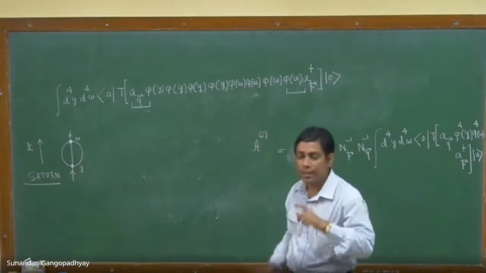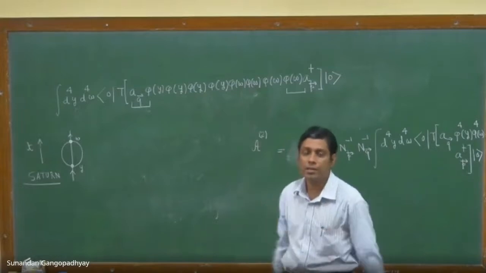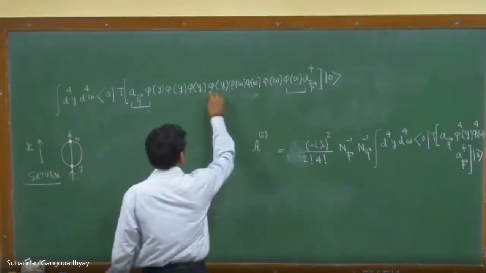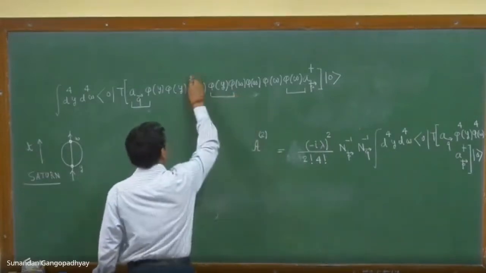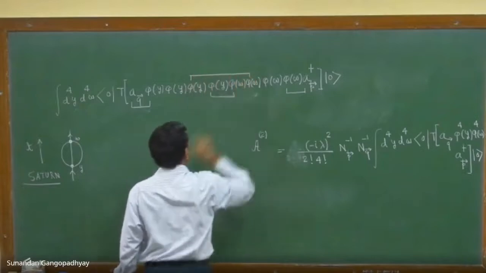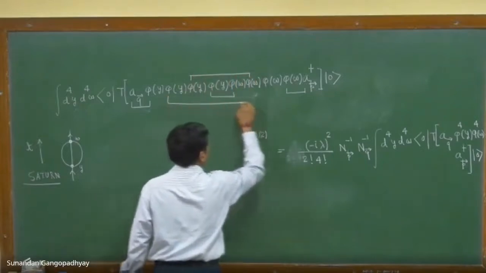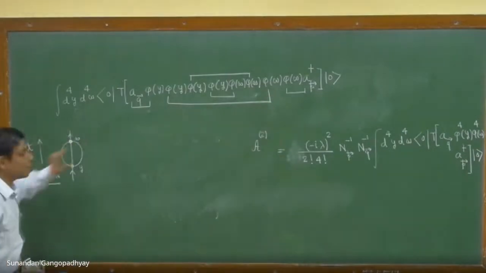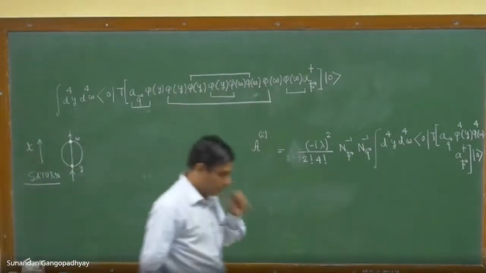So that is how you will get 3 internal lines from y to w. One of the possibilities is this, then you contract this with this, and then you contract this with this. So that is how you will get 3 such internal lines.